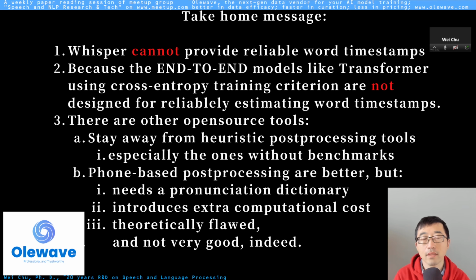The second thing is the reason: nowadays end-to-end models like transformer-based models use a cross-entropy based criterion, and they are not designed for reliably estimating word timestamps. I will get into the details in the following slides.